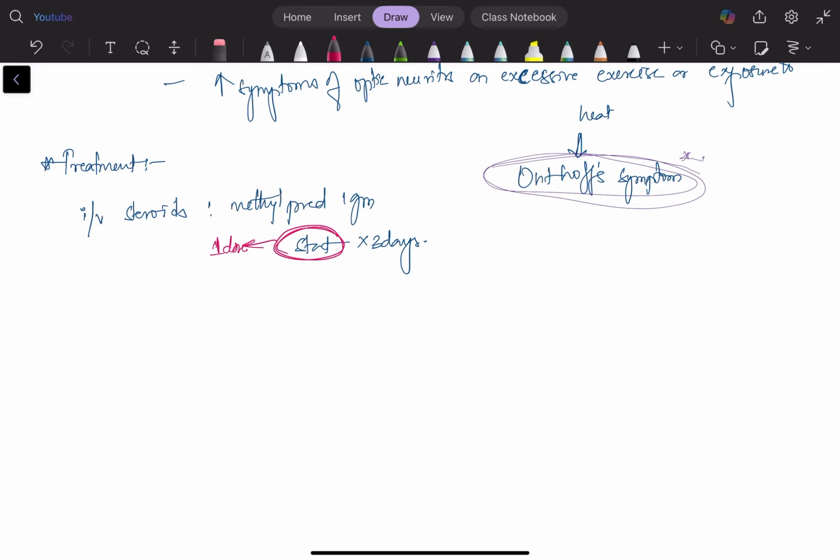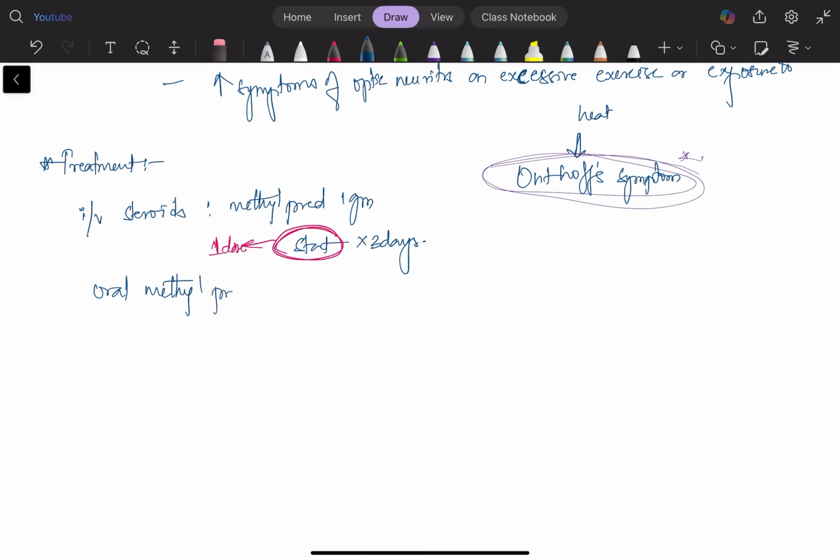Okay, then we give oral methylprednisolone 1 mg per kg for 11 days, or it may be for 14 days, depending on the prescriber, right?